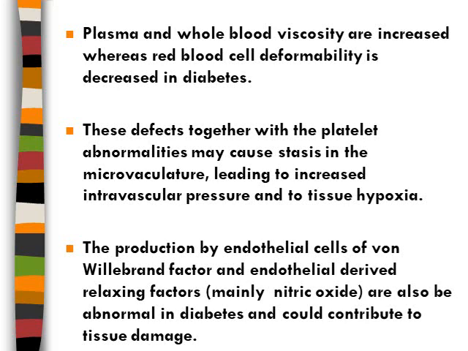So there is increased blood viscosity, decreased blood cell deformability, and increased platelet function, and all these three ultimately lead to increased intravascular pressure and tissue hypoxia that leads to damage. And the production by endothelial cells of von Willebrand factor and endothelial derived relaxing factors is also impaired, and that also contributes to the tissue damage.